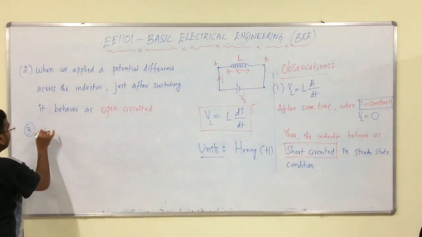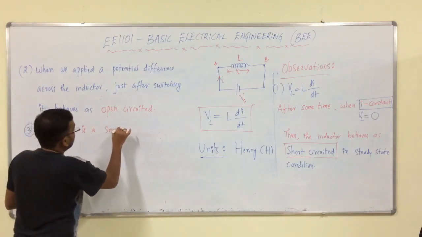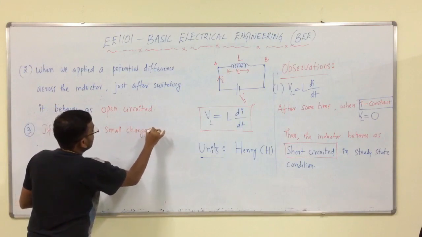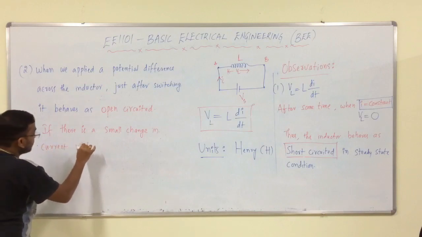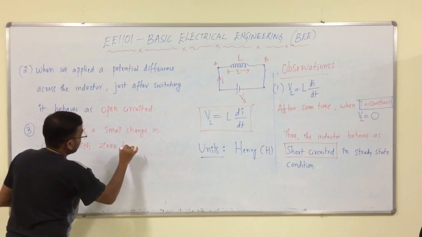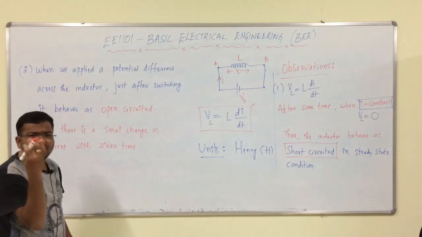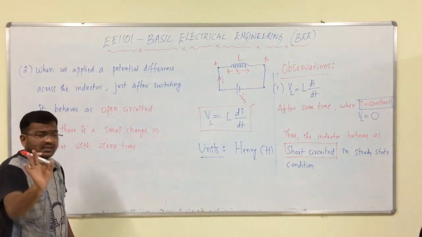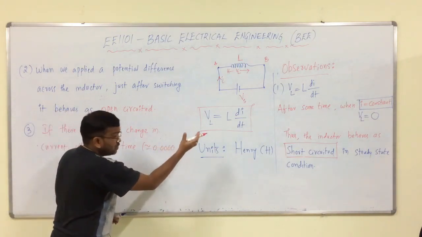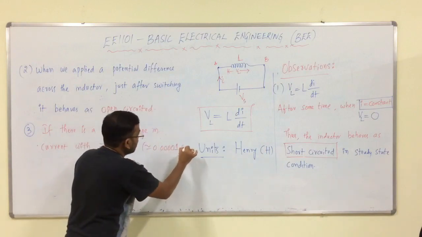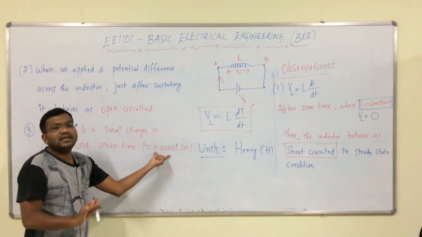Zero time means negligible time, approximately equal to 0.00000000001 seconds. There is a time, but it is negligible.